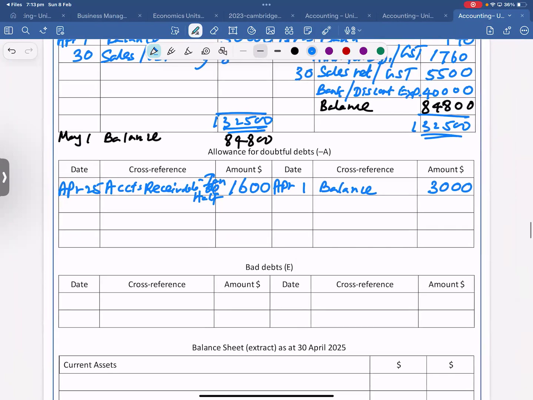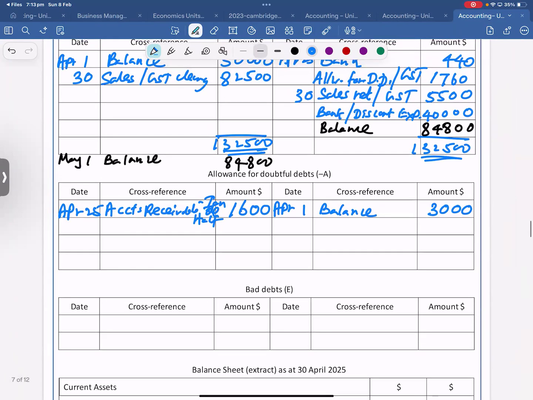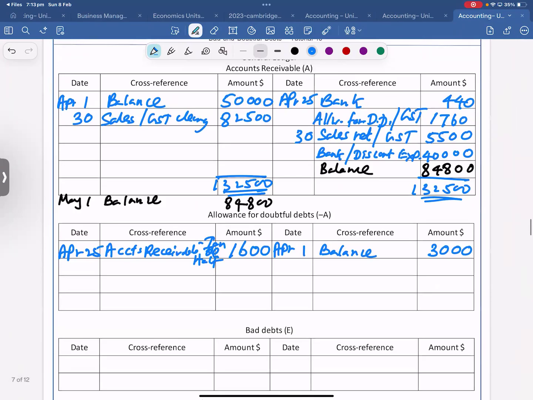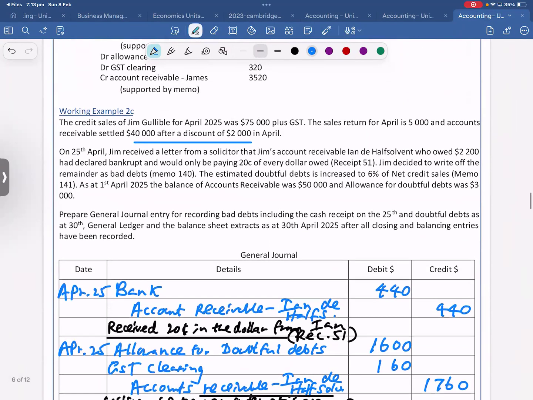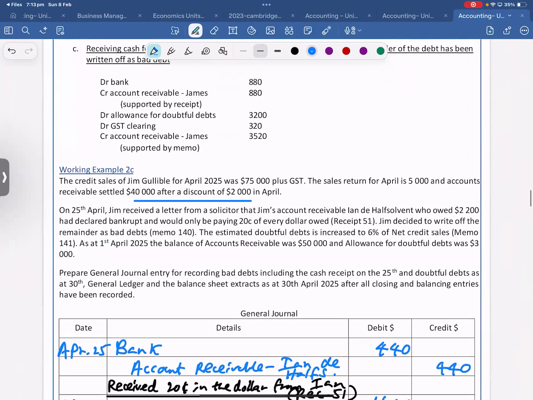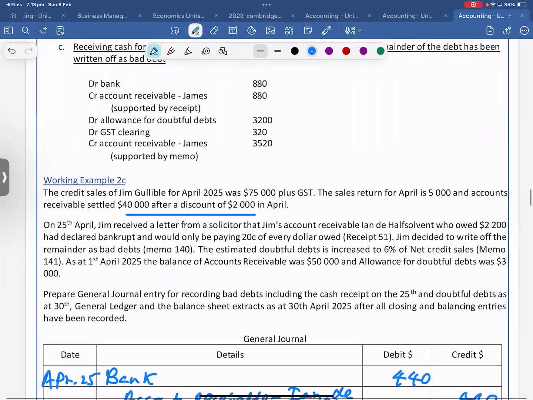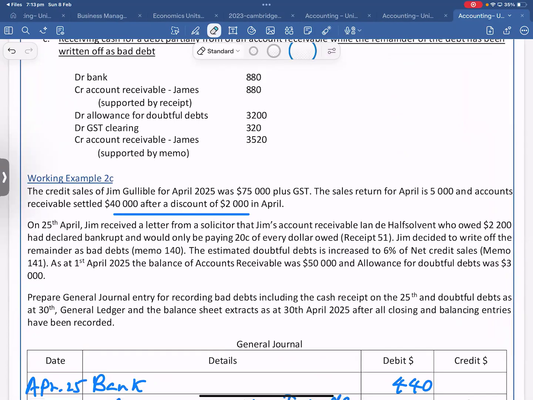Right. Then my question, finally, we have to do the allowance for doubtful debt. How much? 6%. Was it 6%? Yeah. We have increased it.